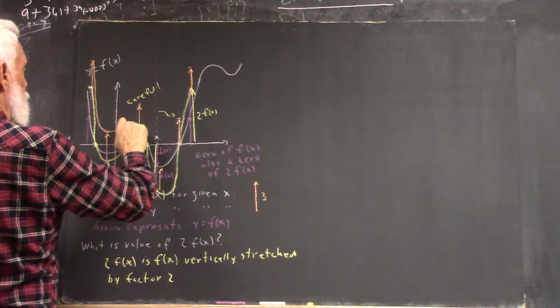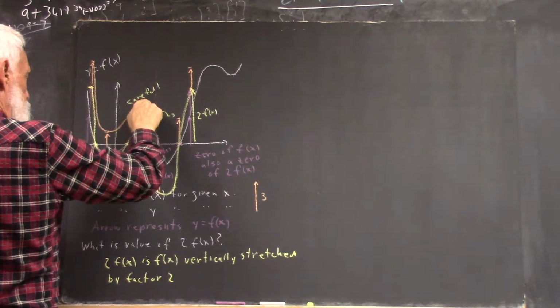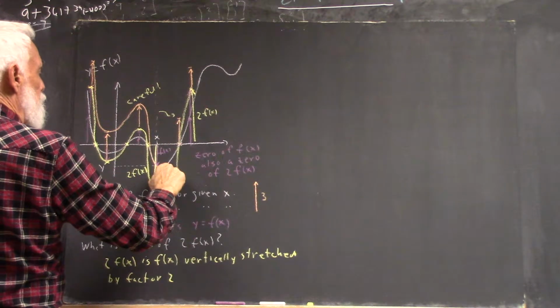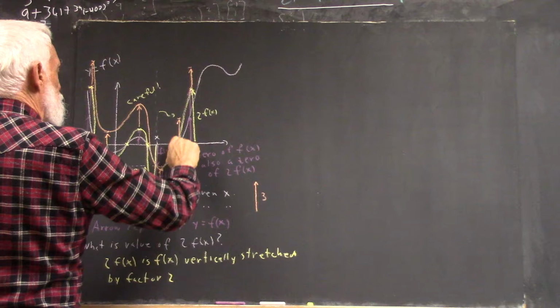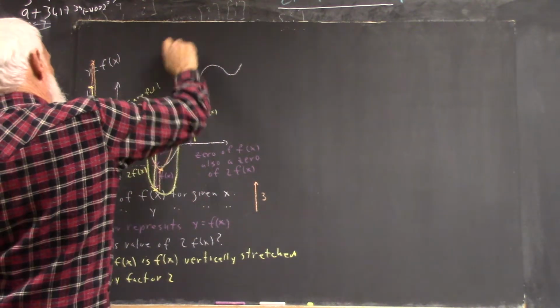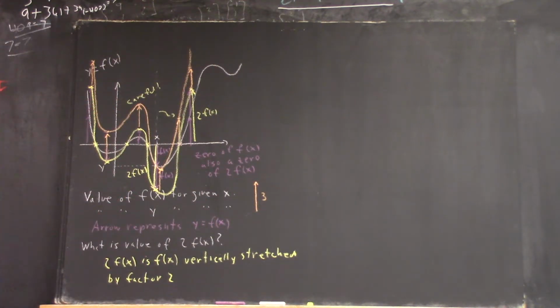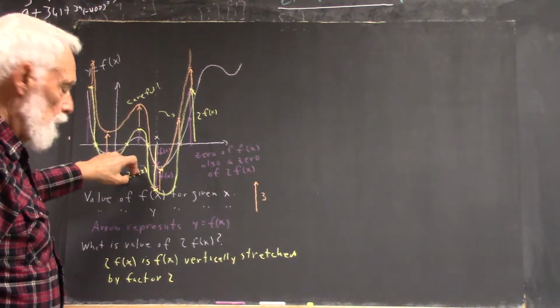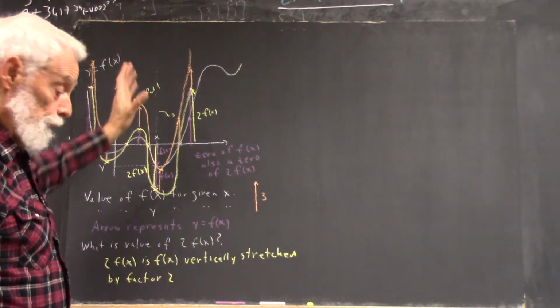I'm going to have to go down to there. One problem is my arm's kind of blocking my view. And then I've got to come on up through here and here. So now the orange graph represents the yellow graph raised 3 units.